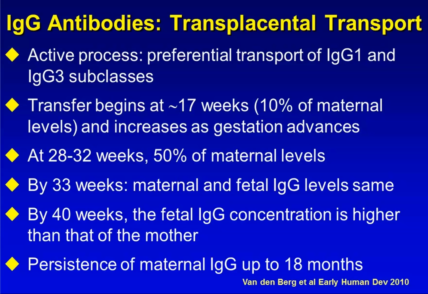And what we have come to realize, a lot from the HIV experience, is that maternal IgG in babies can persist up to 18 months. So it's only after 18 months of age, around 24 months, that we can reliably say that an IgG to a specific agent in the child is indicative that the child is infected with it.